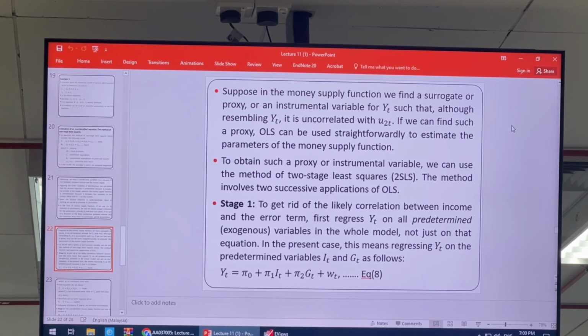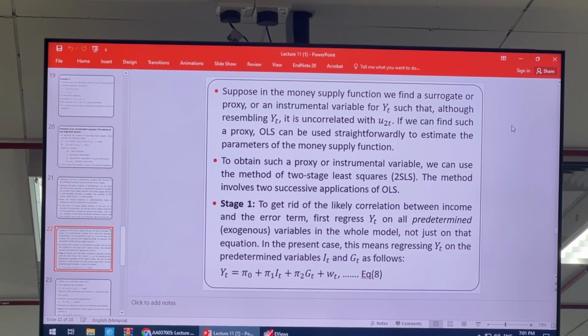Suppose in the money supply function we find a surrogate, proxy or instrumental variable for Yt, such that although resembling Yt, it is uncorrelated with Ut. If we can find such a proxy, ordinary least squares can be used straightforwardly to estimate the parameters of the money supply function.